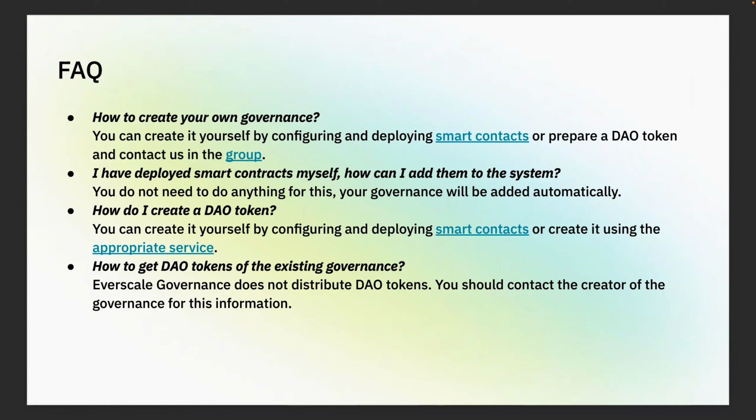So, about frequently asked questions. First of all, you can create governances yourself by configuring and deploying smart contracts, or prepare your DAO token and contact us in Telegram, for example. We will help you.